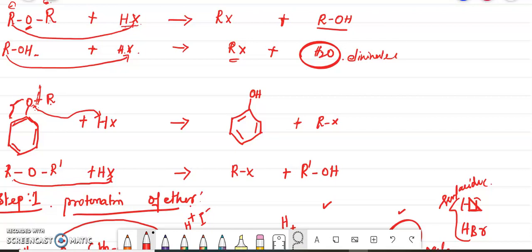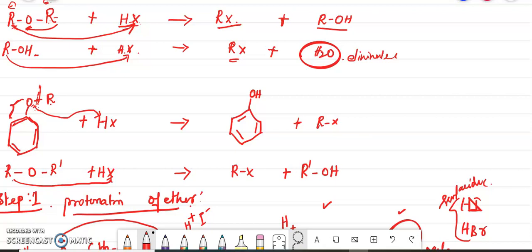Here I have taken an ether, with two alkyl groups attached to the oxygen atom, reacting with the hydrogen halide. The first alkyl group comes and attacks the halide, making the alkyl halide. The remaining alkyl group attached to the oxygen atom reacts with the hydrogen, so we get the alcohol.